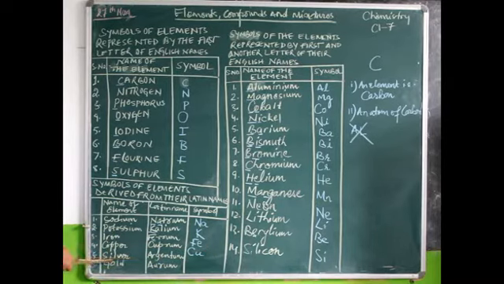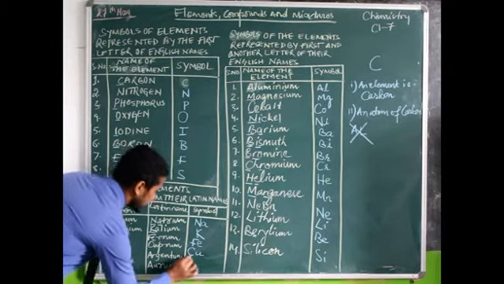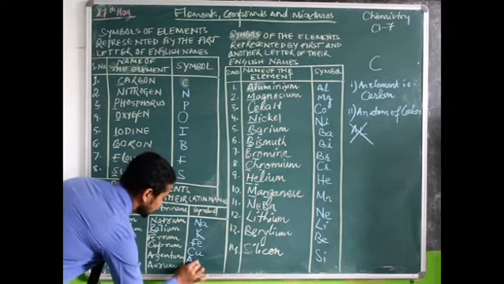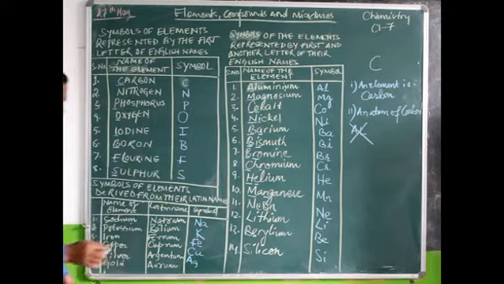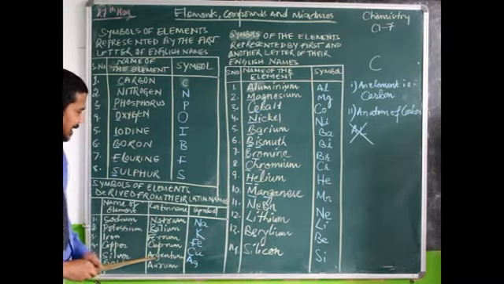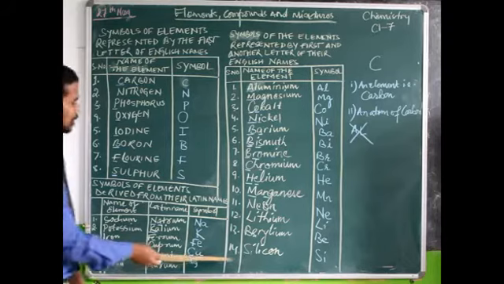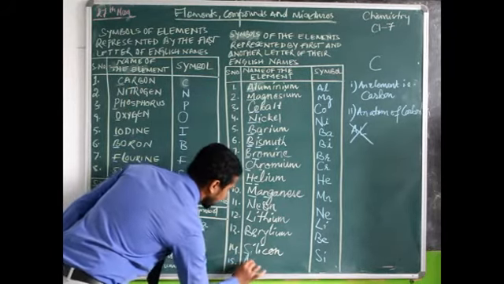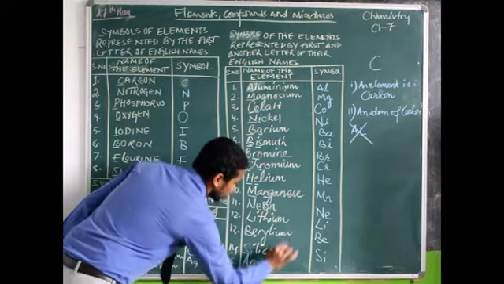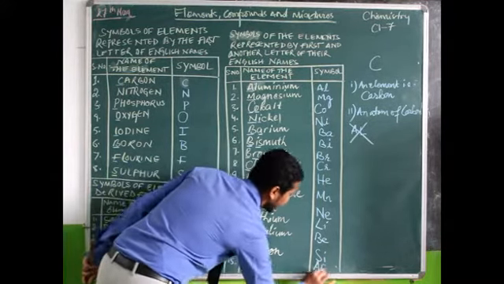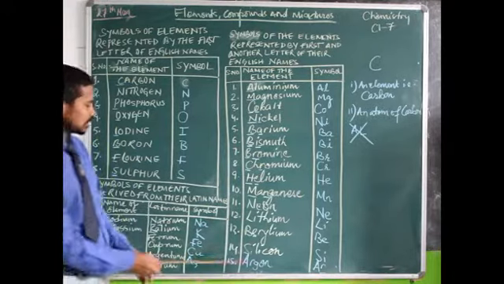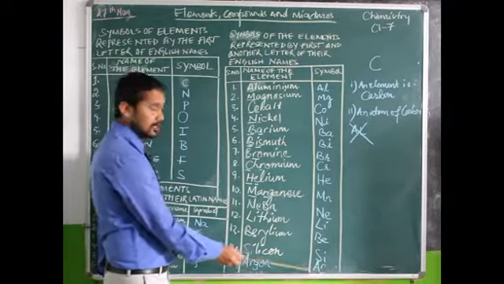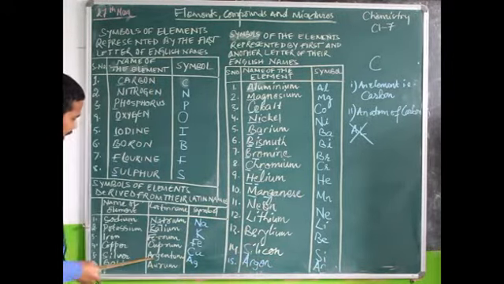Then silver, argentum. So Ag. Now you must be thinking why not Ar? Because argon is already using Ar. That's why I cannot write Ar here.